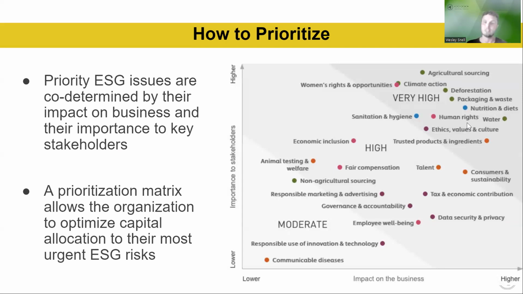How do they see the risks to your company on nature and other ESG issues? And so putting together this kind of prioritization matrix allows an organization to optimize their activities and how much they invest in different ESG-related initiatives and where to start on the nature positive journey.